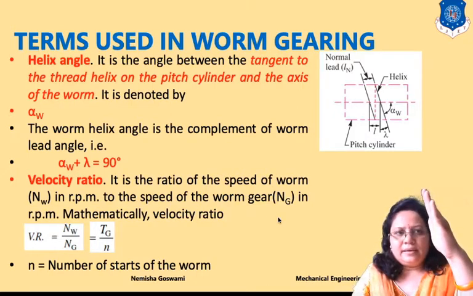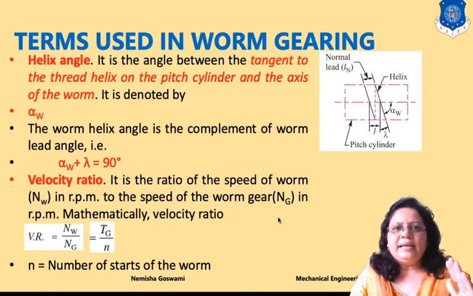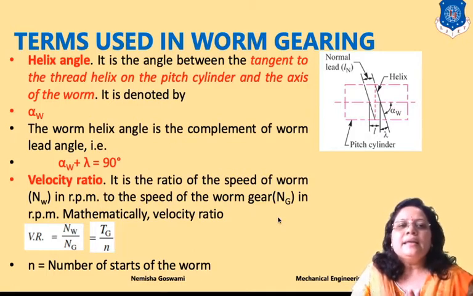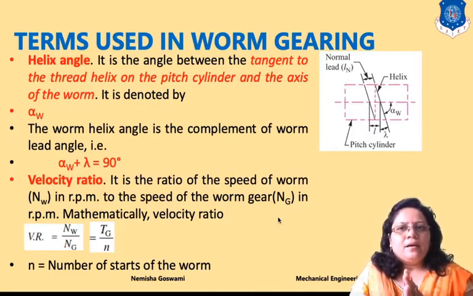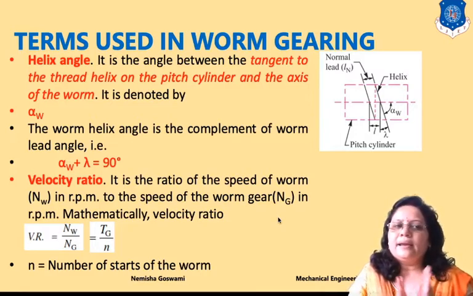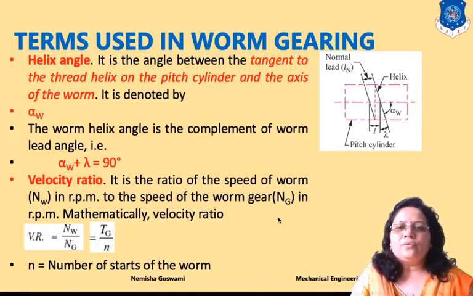It is denoted by alpha W. In a worm gear, the worm helix angle is the complement of the worm lead angle. Lead angle plus helix angle is equal to 90 degrees, so lead angle and helix angle are complementary to each other.